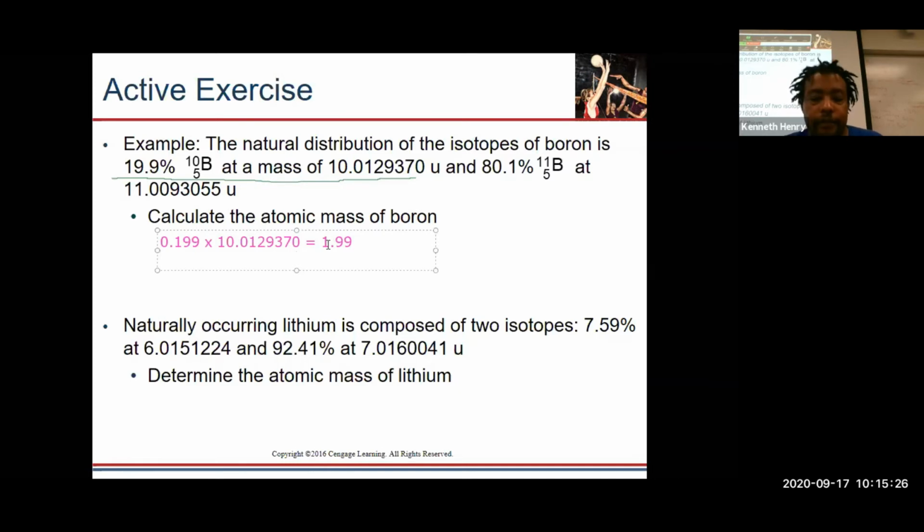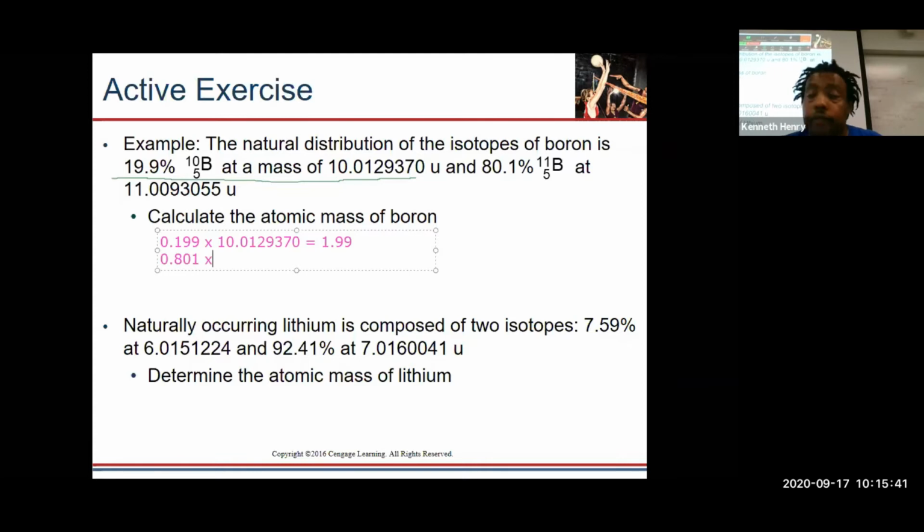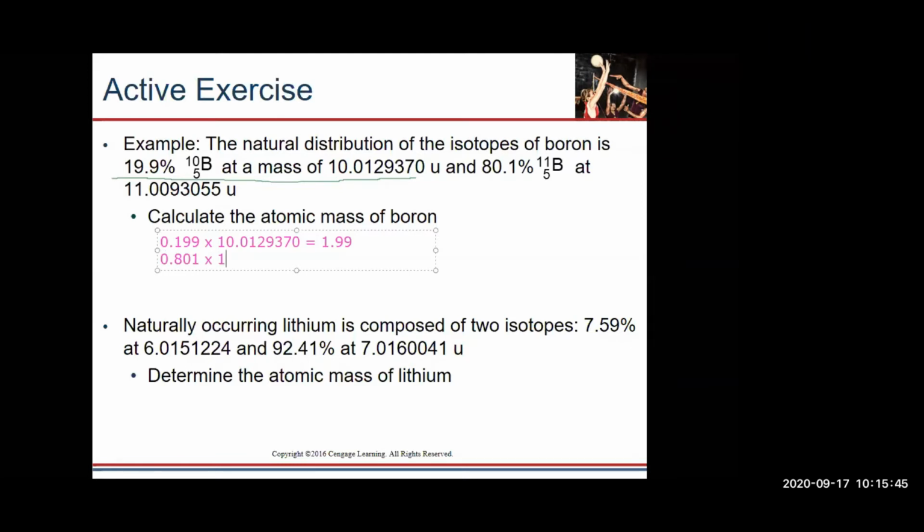And then the next number? This guy here? 0.801 times 11.0093055. Okay.